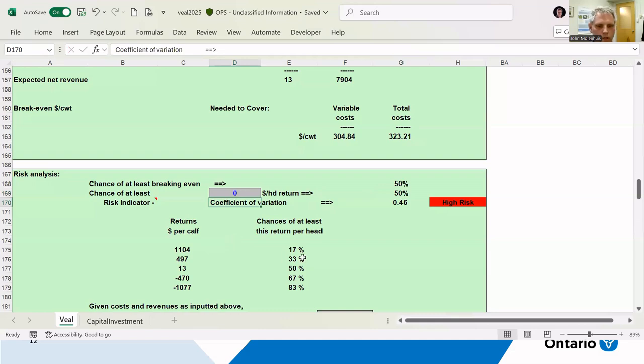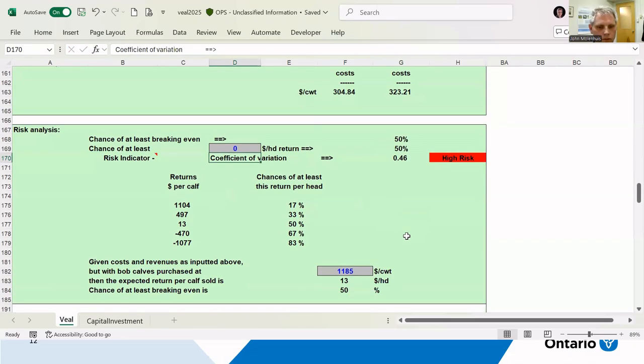Essentially it's doing the same thing here, but giving you some set ranges. I have an 83% chance of at least losing $1,000, right? And then it goes up from there. To make $1,000, I have a 17% chance based on all of those risk factors and the ranges that we're talking about. So it gives you a bit of a risk assessment, and you can have an assessment of what that risk portion is for you.